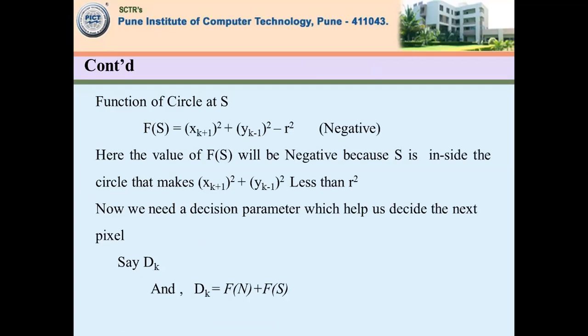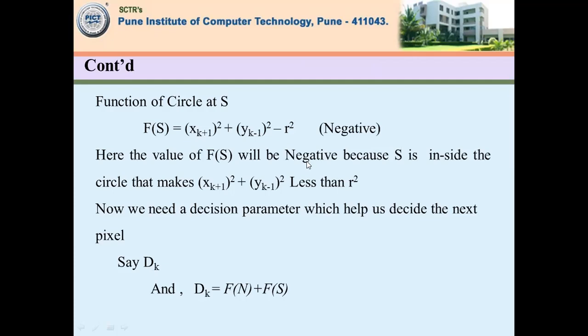Why is it negative? Because the point is falling inside the circle, or the pixel is falling inside the circle. That's why it is a negative point. Whatever value you are going to get over here is less as compared to the r value, right? So that's the reason it is negative. So the value of function s is already negative.